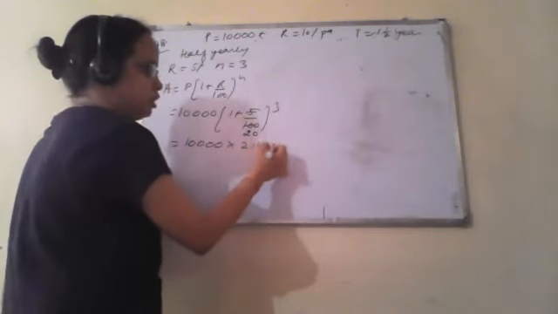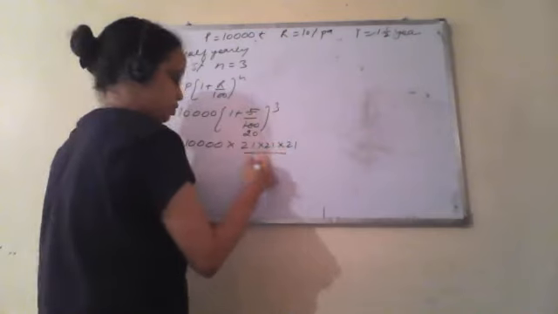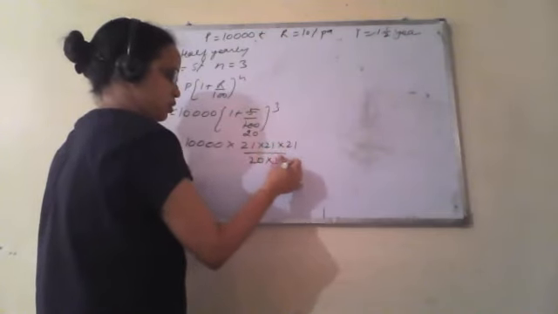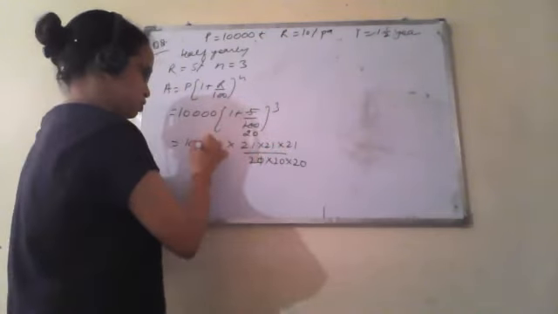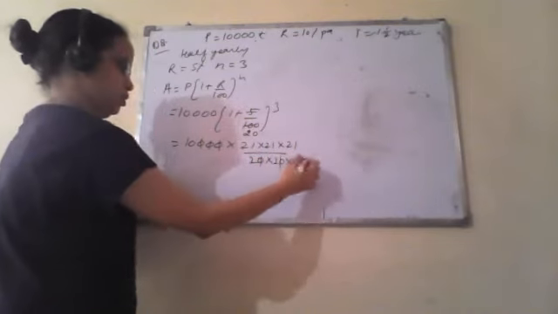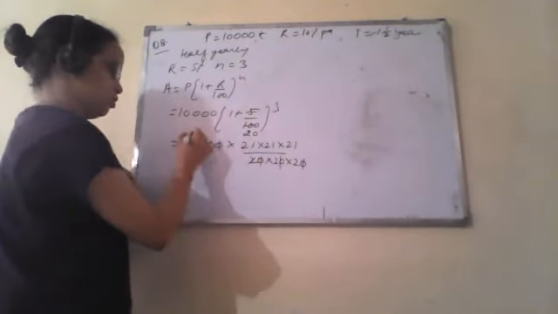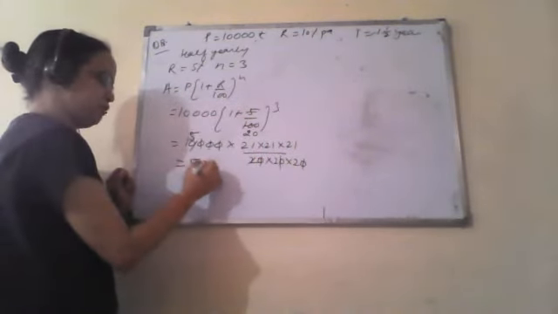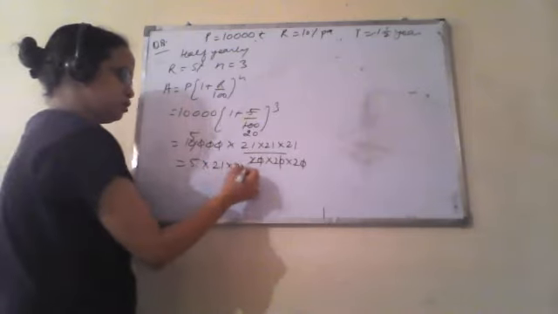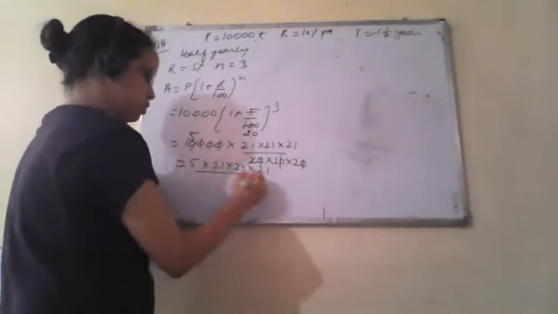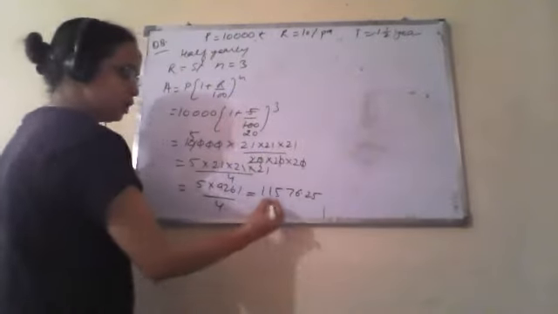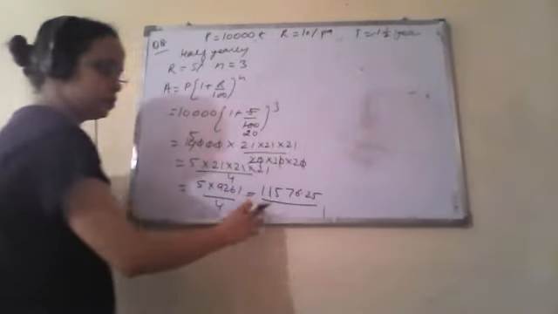It will become 21 into 21 into 21 upon 20 cubed, so this is 5 into 21 into 21 into 21 upon 4. When we calculate, the amount comes out to be 11,576.25.